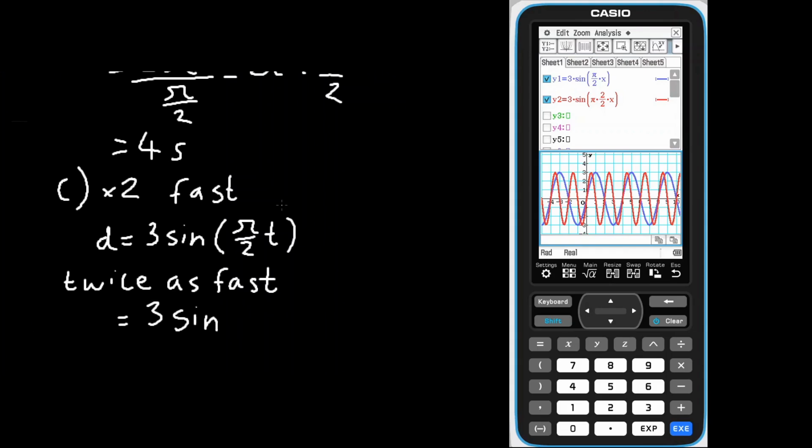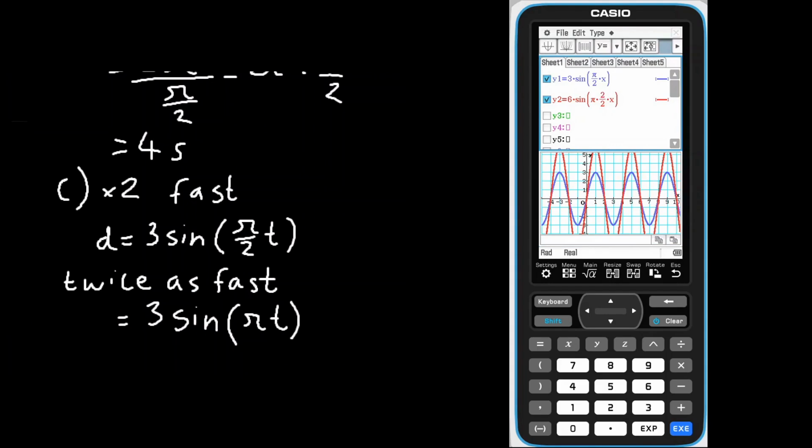That doesn't change the x direction. If I change that and I decide to make it 6 here, and I don't times b by 2, then I just get it twice as big, not twice as fast. So then that would just be 2 divided by 2 times by pi. You can put it into your main if you want, but simplify it to just being pi t. And there you go. That is your answer.